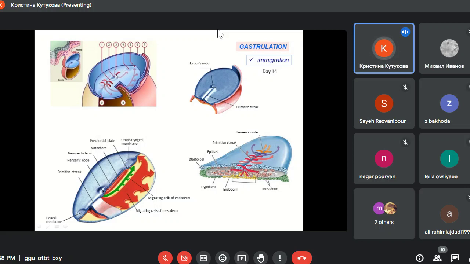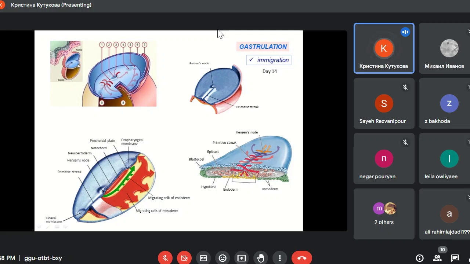Those cells that migrate through the Hensen's node, this rounded structure area, will make first the precordial plate, a small portion of cells, and next portion will make the notochord. And we are looking at the embryonic disc, at the embryo itself, which is here.